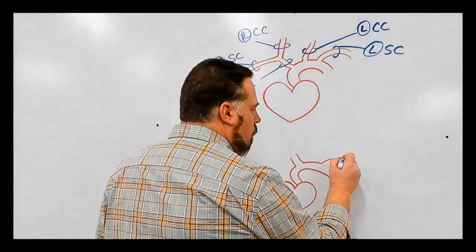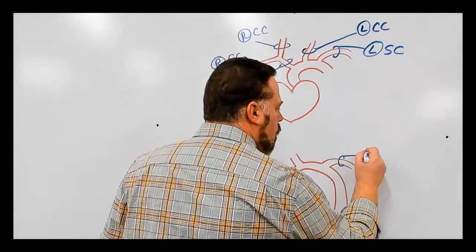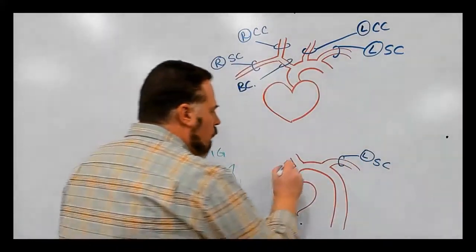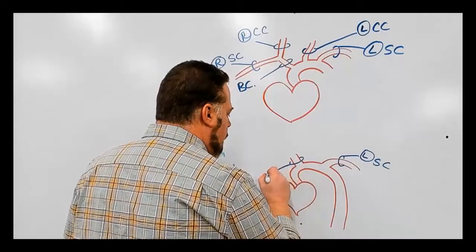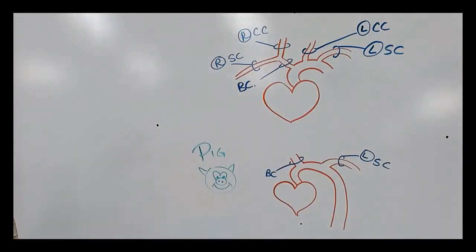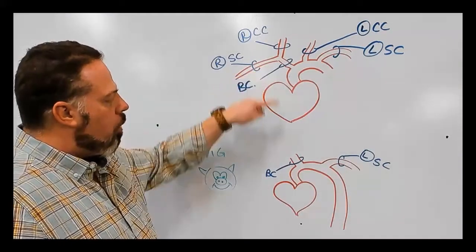This is still going to be going off into the arm, so this is going to be our left subclavian artery. This is still going to be our brachiocephalic artery. But off the brachiocephalic, we're not going to have just two branches coming off, but you're going to have three.